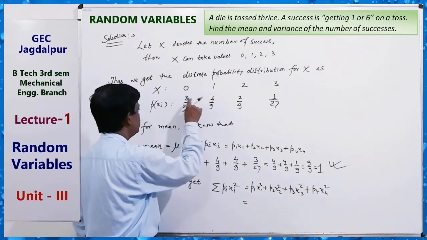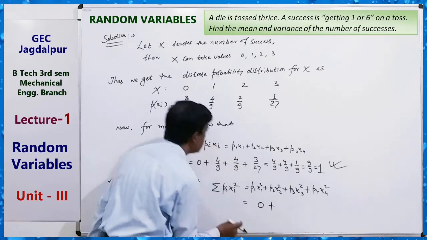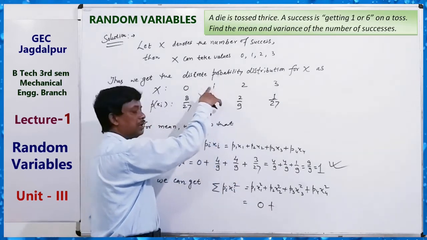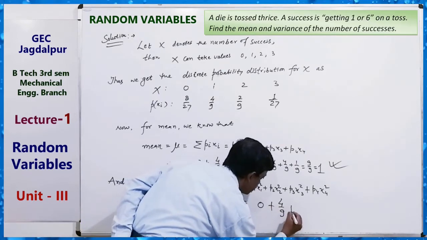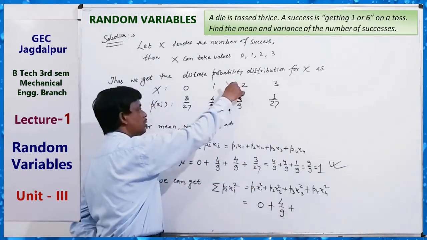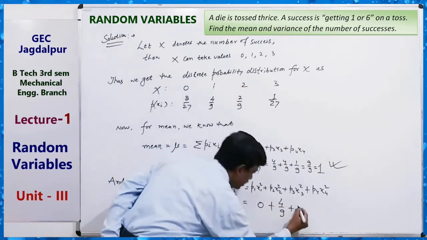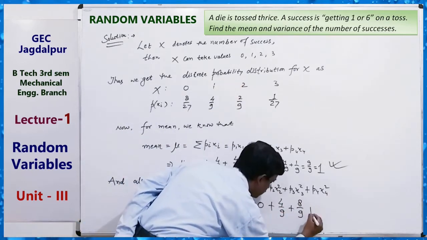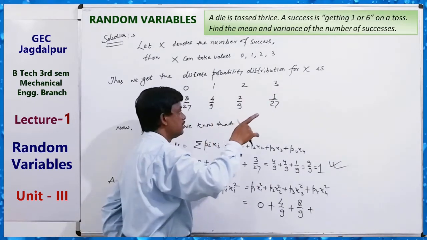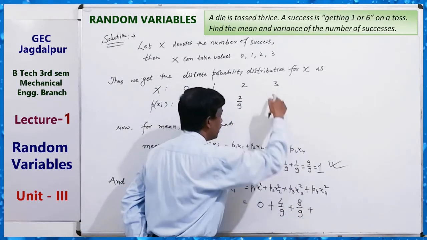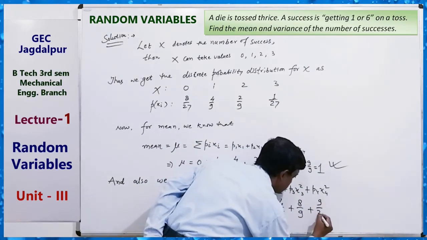p1 this into square of this 0 plus 1 square into this 4 by 9 plus 2 square into this 4 into 2 8 by 9 plus 3 square 9 into this, means 9 by 27.